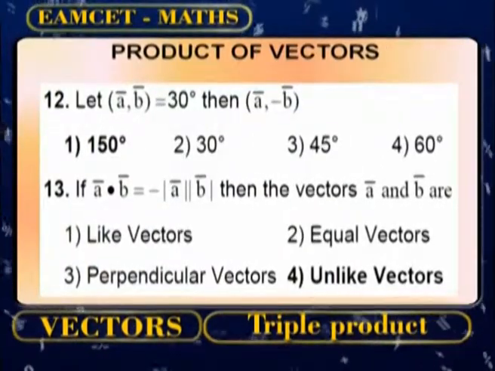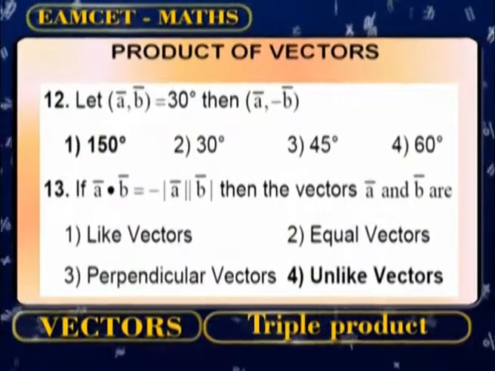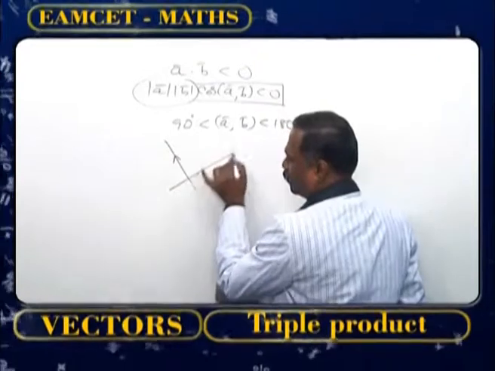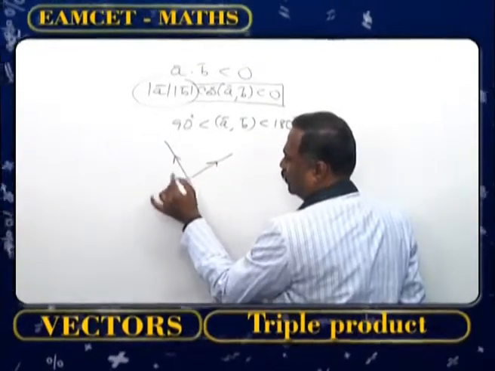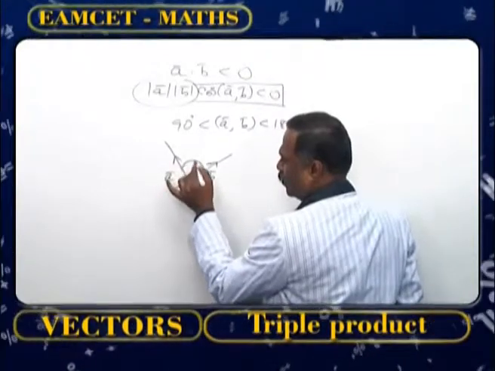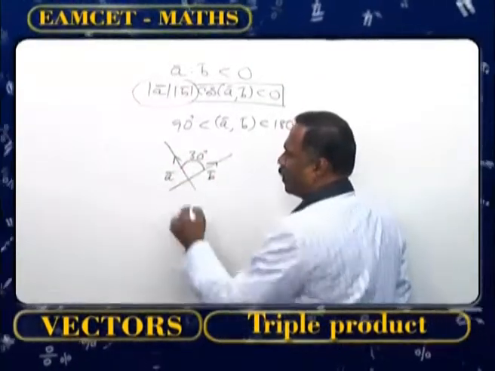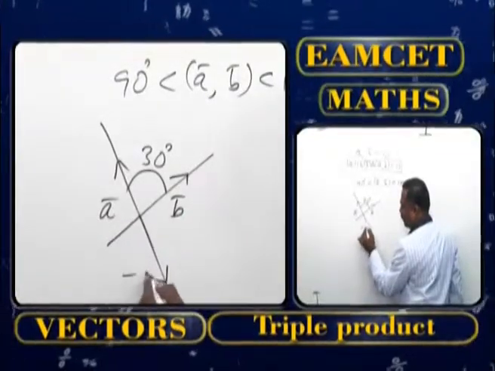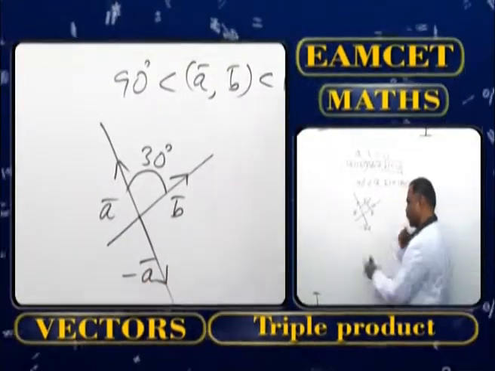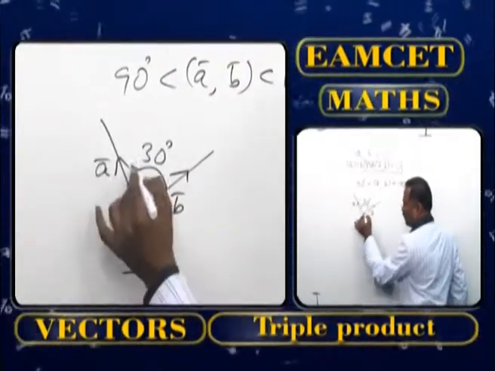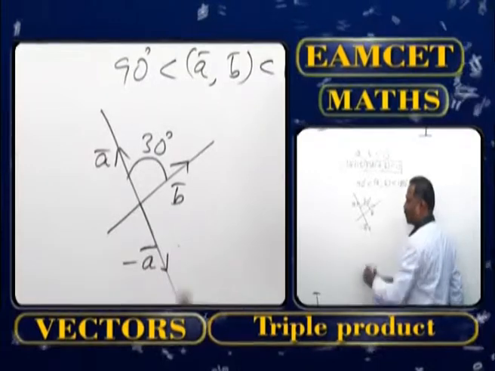The angle between A bar comma B bar is equal to 30 degrees, and the angle between A bar comma minus B bar is needed. The angle between A bar and B bar is given to be 30 degrees. This is in this direction A bar, and in this direction it is minus A bar.